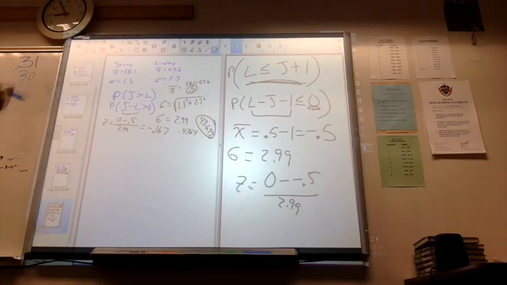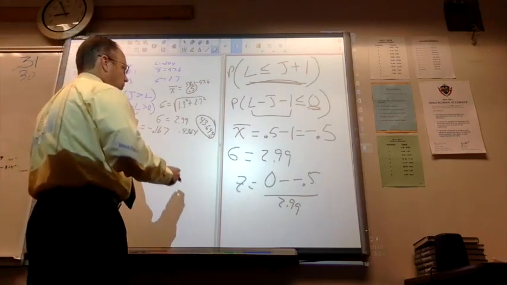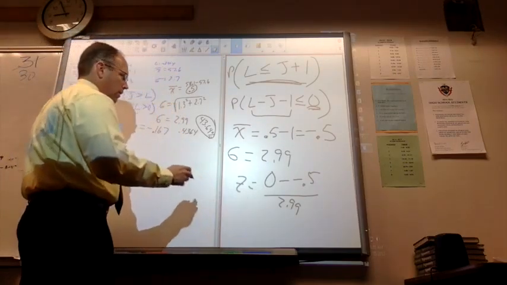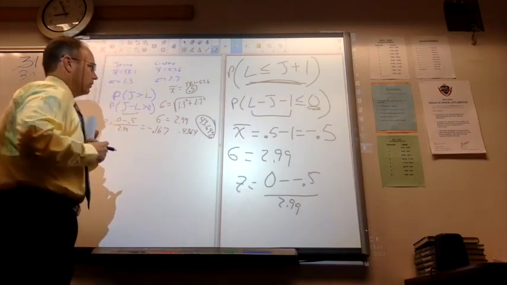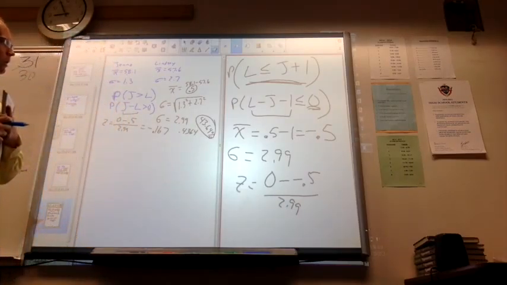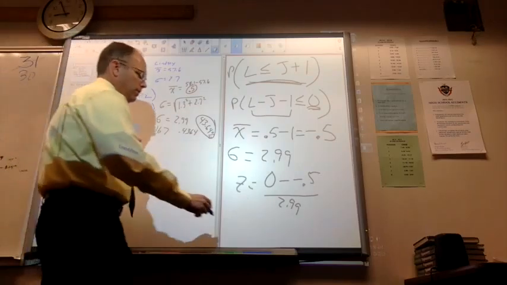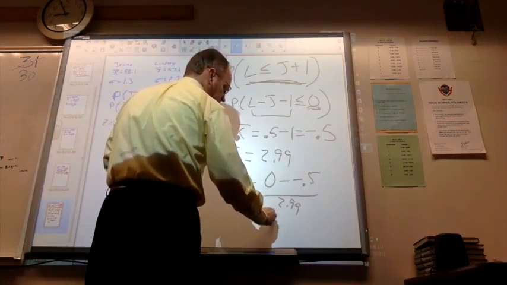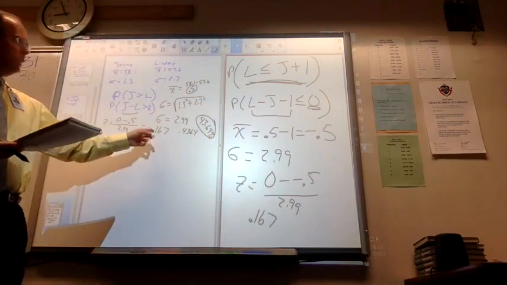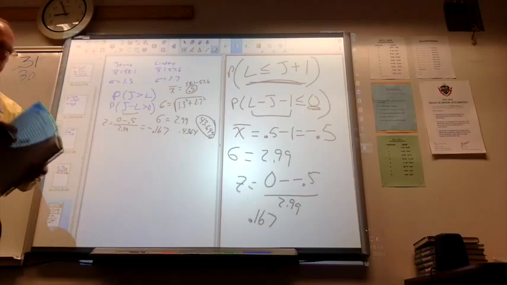So negative 0.5 is 0.5. It's positive. 0.5 over 2.99 still is going to come out to, what does it come out to? Excuse me. Positive. So it's going to be positive. It's the reciprocal of that, and it just has to be coincidental.